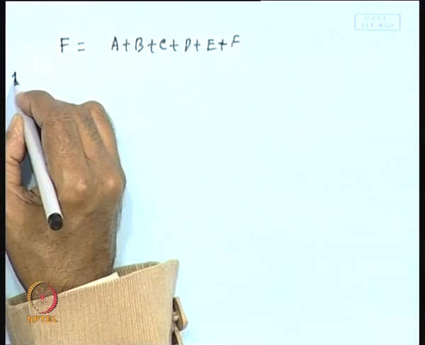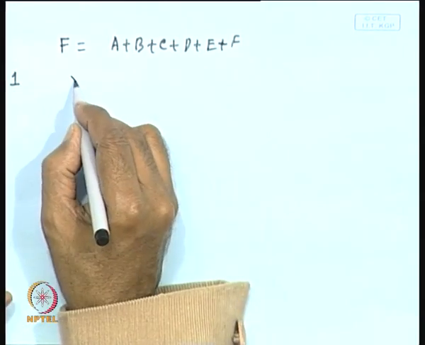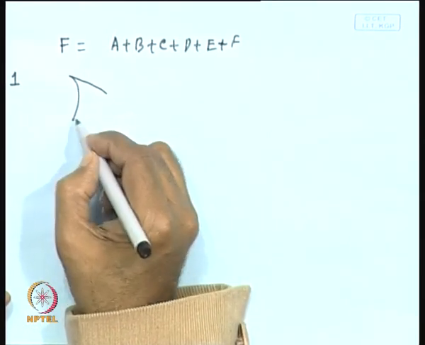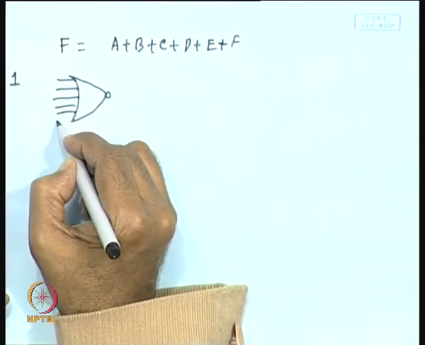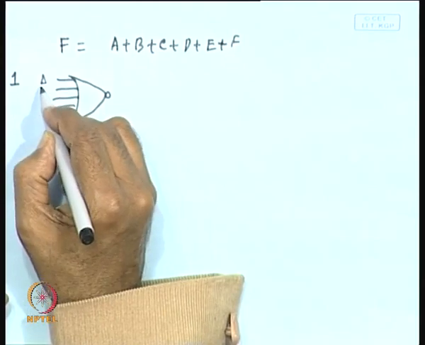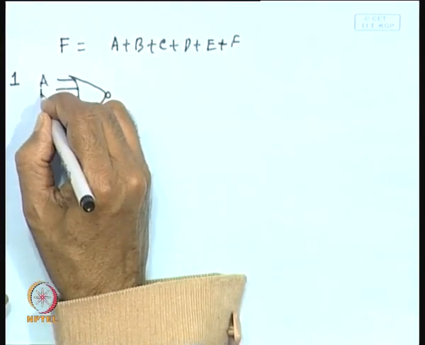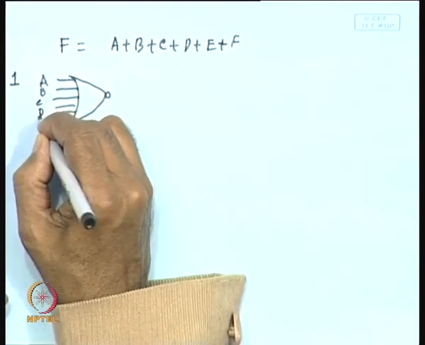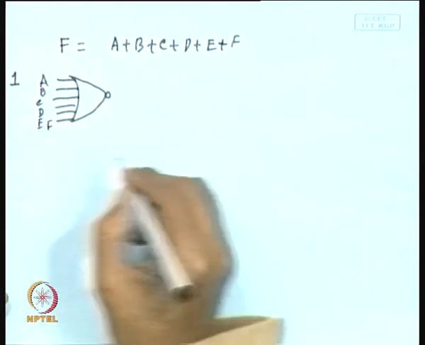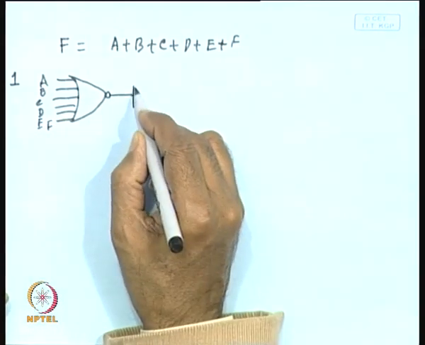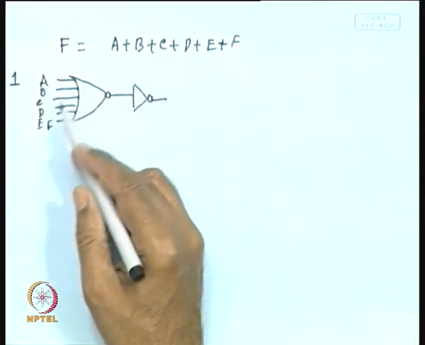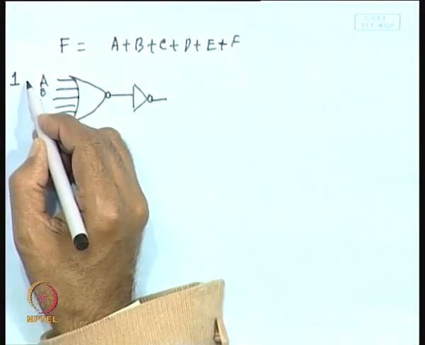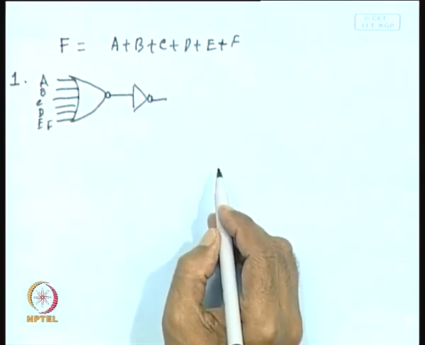So, the first technique can be, you will use a 6 input NOR gate, 1, 2, 3, 4, 5, 6. So, A, then you will apply B, C, D, E and F, 6 inputs, then you will put an inverter to realize the OR function. So, this is the first technique of realizing your 6 input OR function.